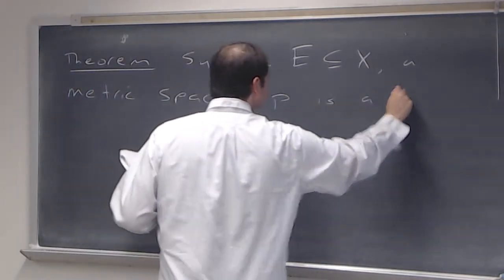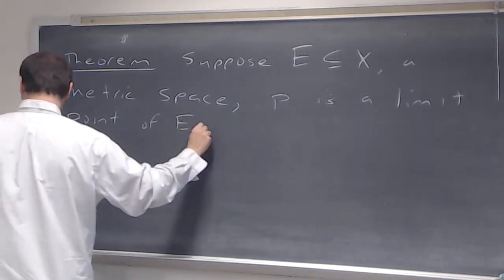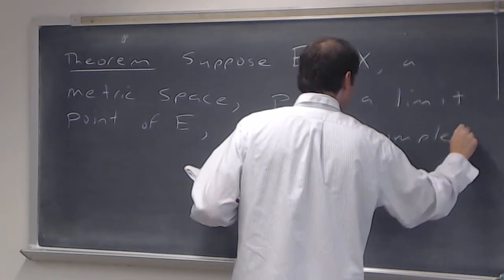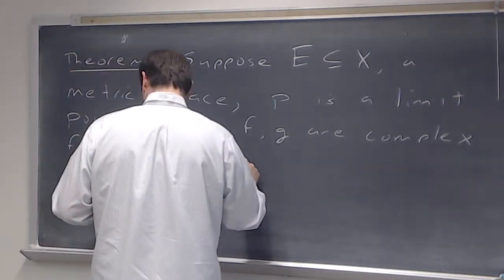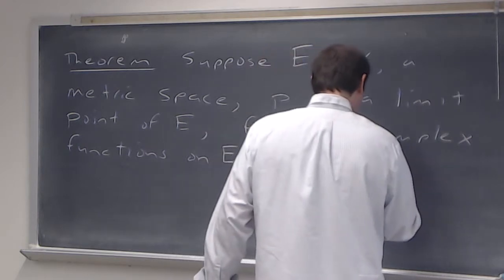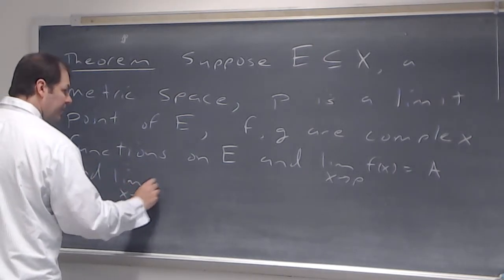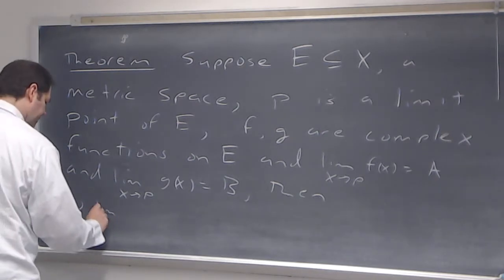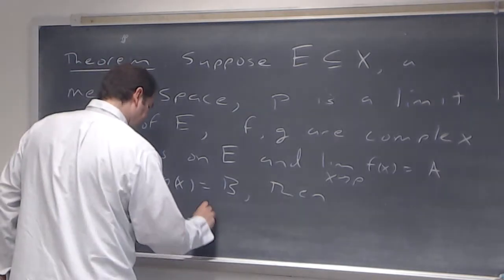P is a limit point of E. F and G are complex functions on E. And the limit as x goes to P of f of x equals A, and the limit as x goes to P of g of x equals B. Then, first part is that the limit as x goes to P of f plus g, we've already defined that new function, is equal to A plus B.